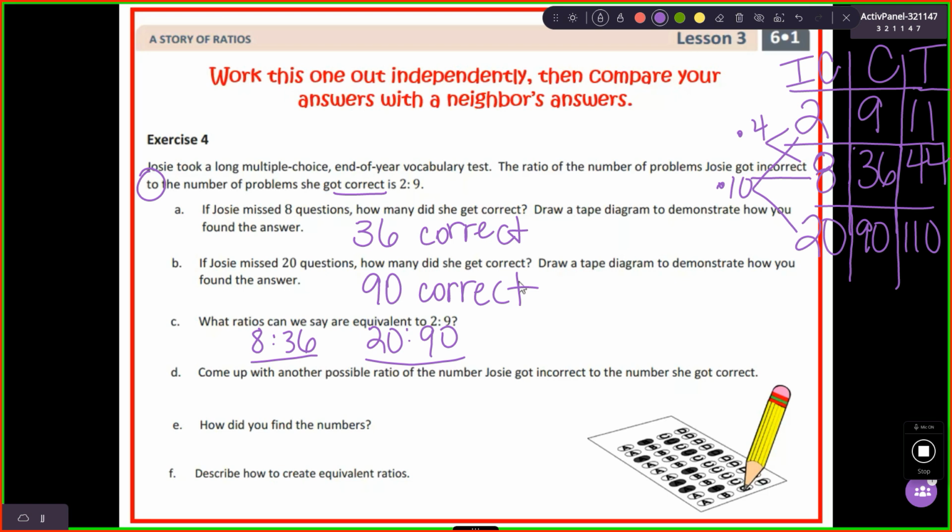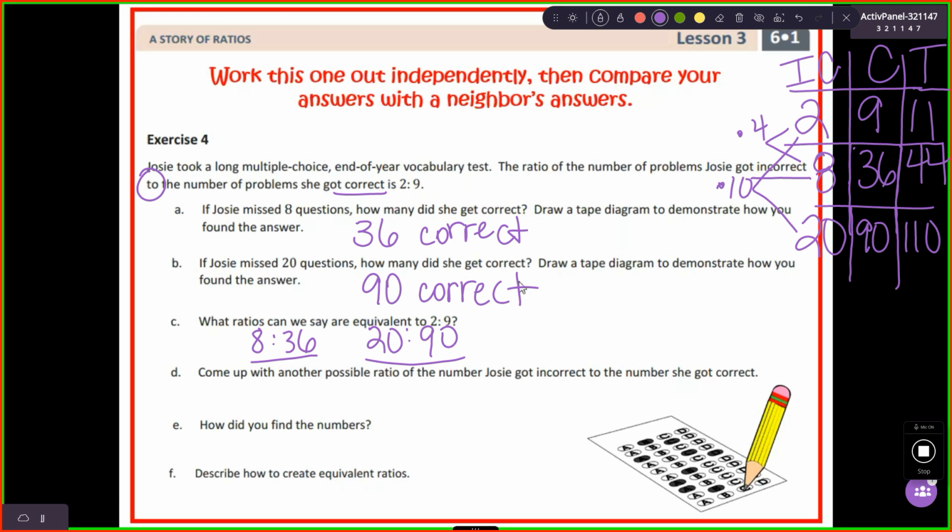It says come up with one more possible ratio of the number Josie got incorrect to the number she got correct. Now remember, she took a long end of the year test, and in the beginning is 11 questions total, a long test. 44 is actually about medium size for y'all, huh?